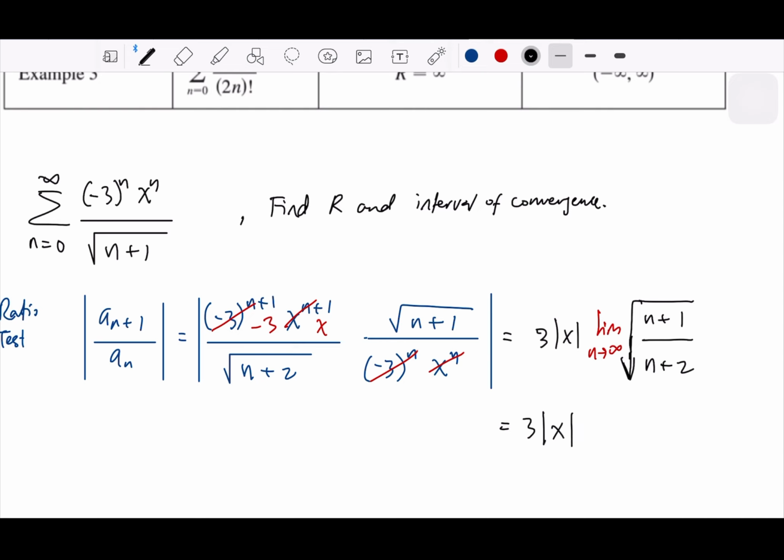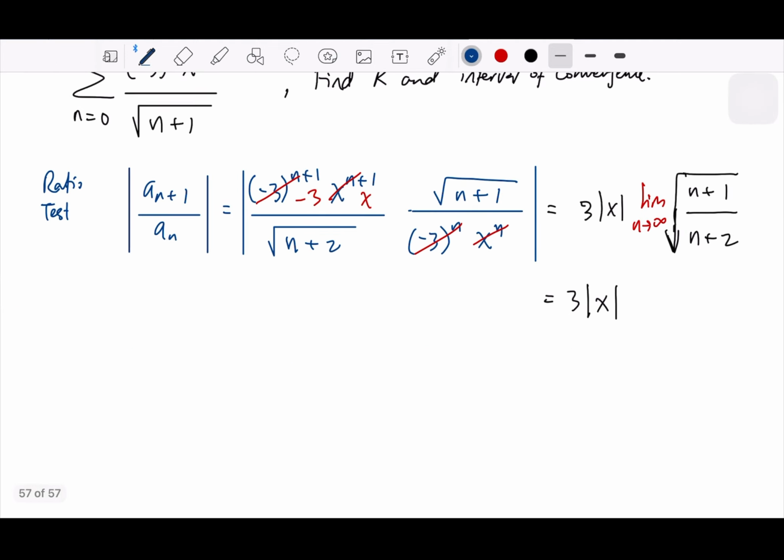And then remember the conclusion on the ratio test. So this will converge if it's less than 1. So we will have |x| less than 1/3. That means our radius becomes 1/3. So we can also say that the radius is 1/3. Maybe we can also write it for the diverging one.